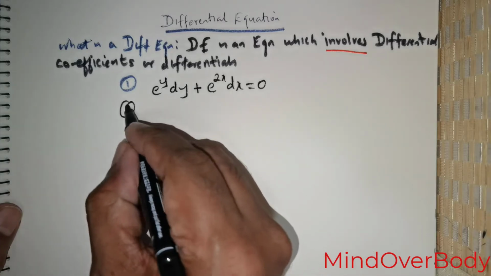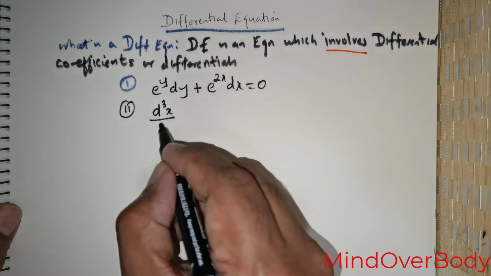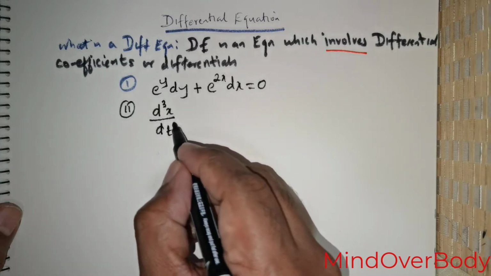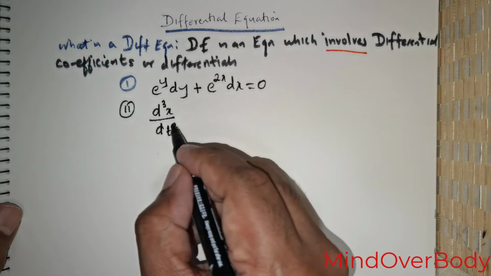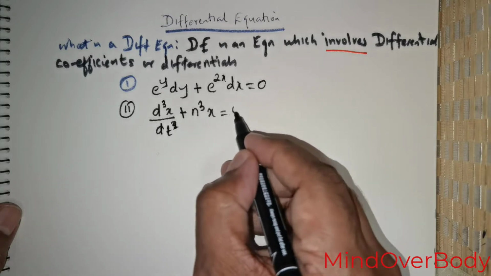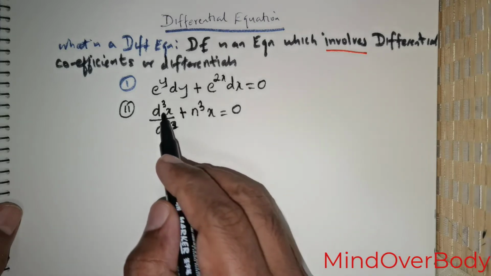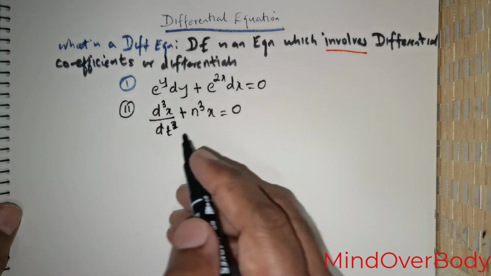Example number 2 would be d cubed x over dt cubed plus some n cubed x is equal to 0. So the variable here is t and the differential is d cubed x over dt cubed.